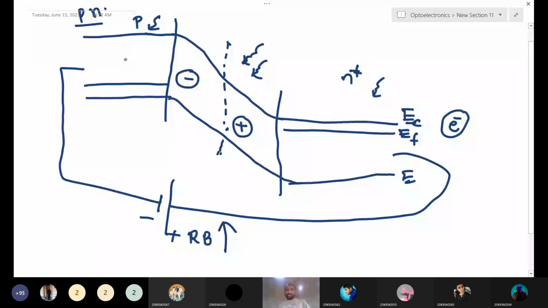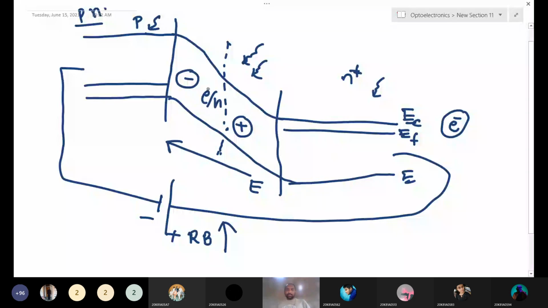The direction of this electric field is positive to negative. Because of this electric field, the generated electrons and holes move in opposite directions. Suppose holes are generated here; they will move towards the p region, and the electrons move towards the n region.